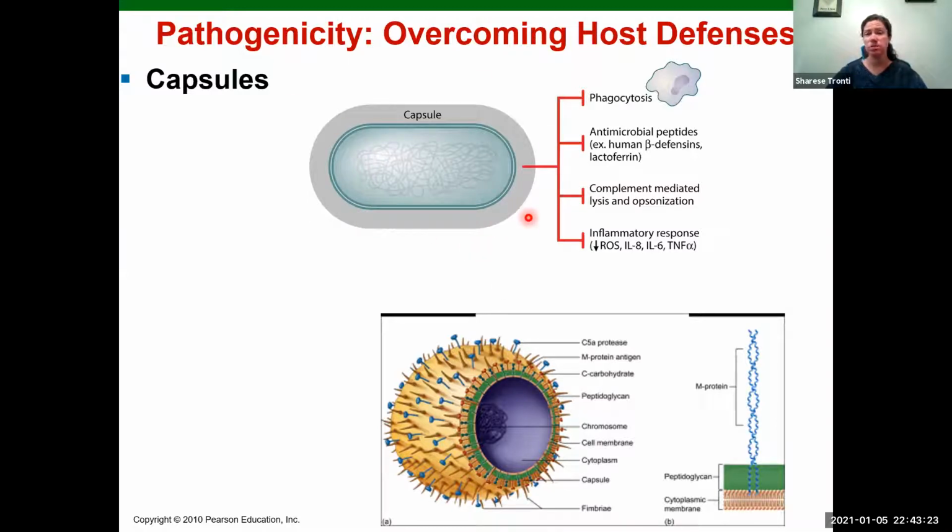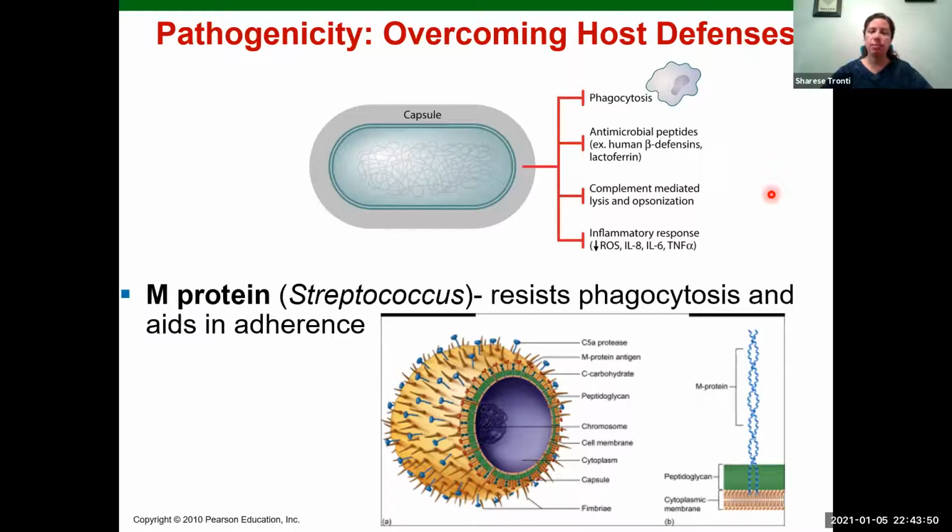Remember, phagocytosis is when an immune cell comes and engulfs that microbe. But the capsule will block it from doing that. It's also going to block antimicrobial peptides, block complement and opsonization, and it's also going to block the inflammatory response. We're going to talk more about all these processes in the next couple of chapters.